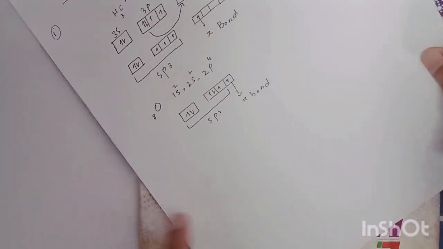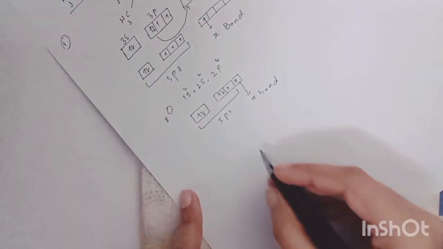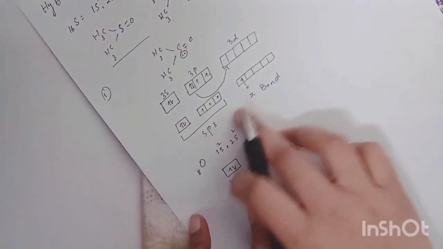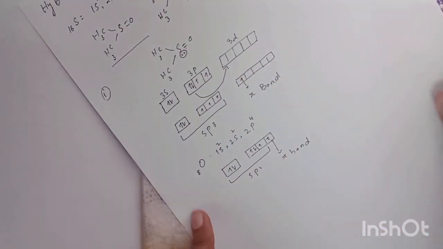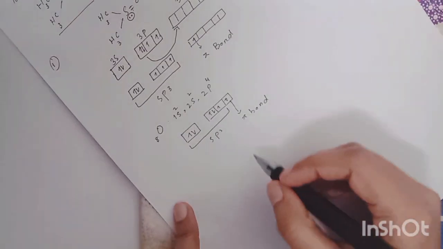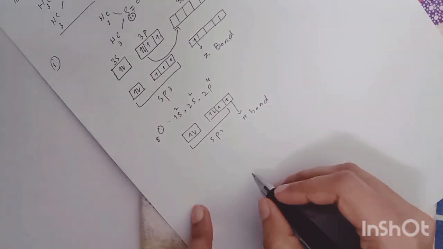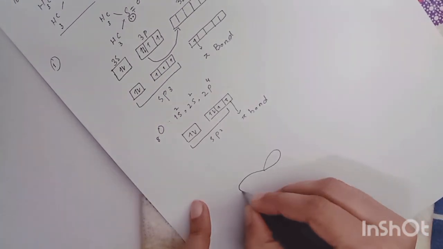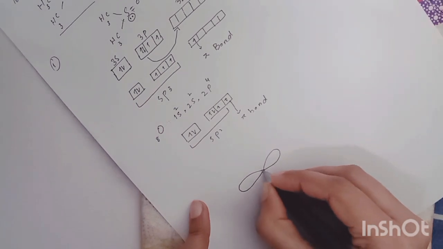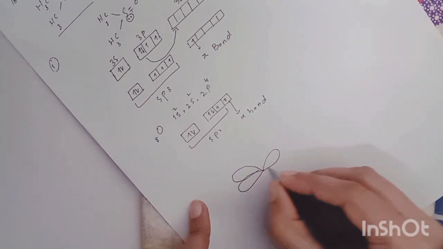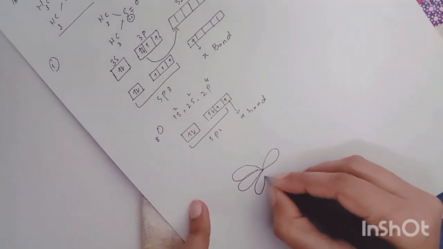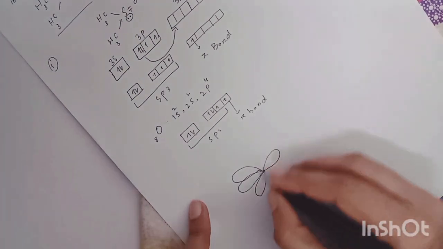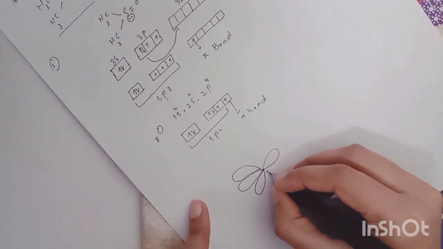So now we draw the hybrid orbitals. First we draw the shape of sulfur. Sulfur shows sp3 hybridization in this case, so we draw the sp3 shape, tetrahedral shape, like this. This is the tetrahedral shape in the case of sulfur.